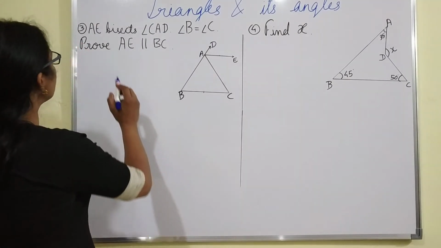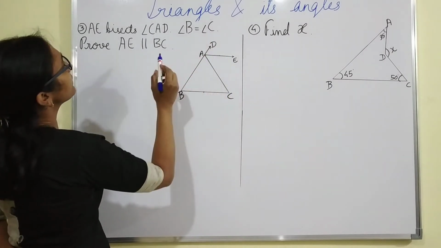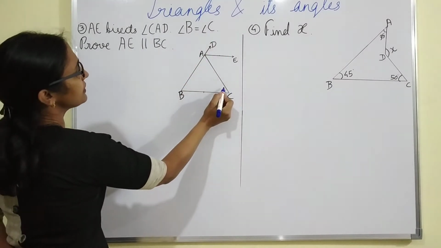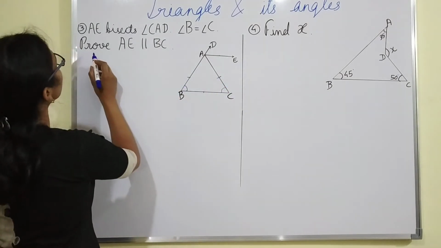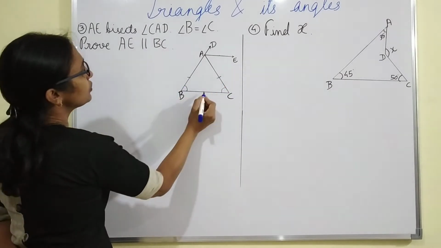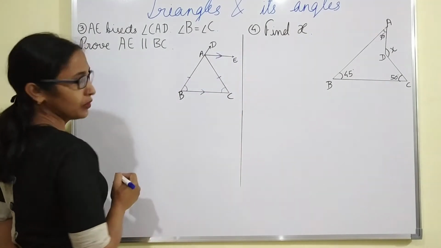Now next question is AE bisects angle CAD. Angle B equals angle C. These two angles are equal. Prove AE is parallel to BC. We have to prove AE is parallel to BC.